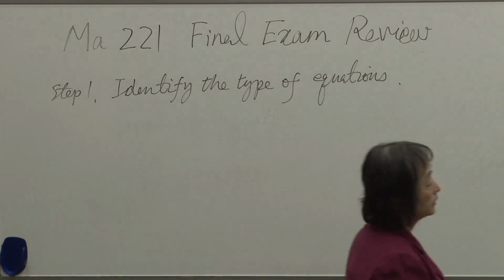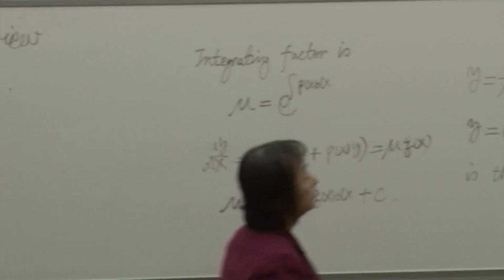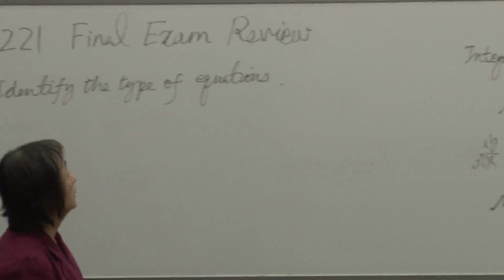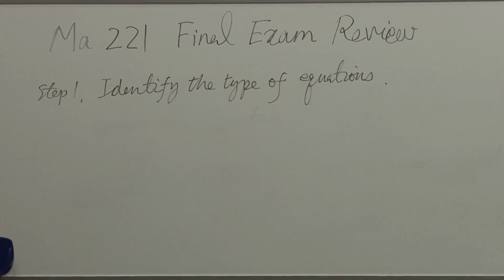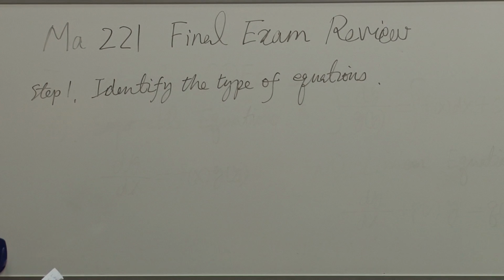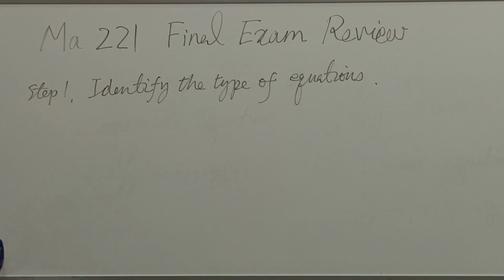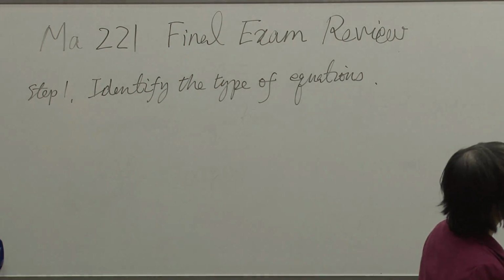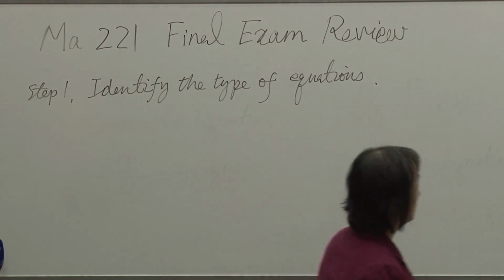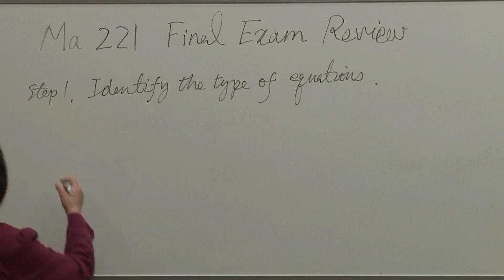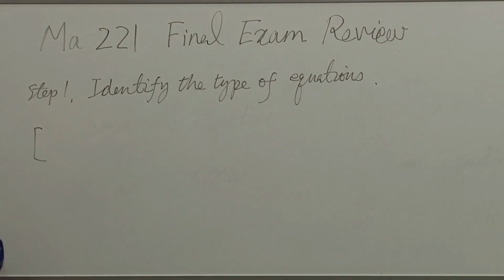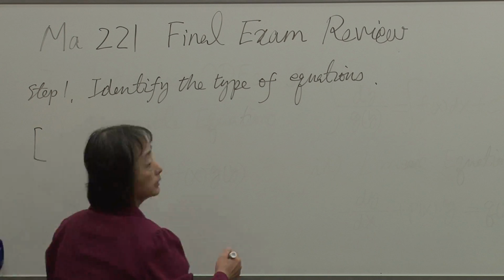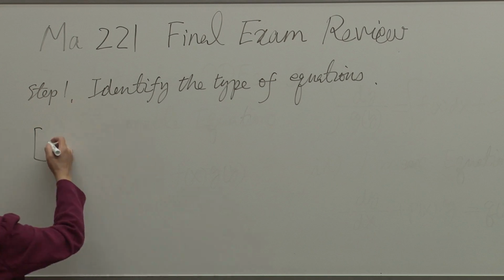Is it a separable equation? It doesn't look separable, and it's not linear either. So let's check if it's an exact equation. But before we use the criterion to find whether the equation is exact, we should write the equation in the standard form. That means m dx plus n dy equal to 0.